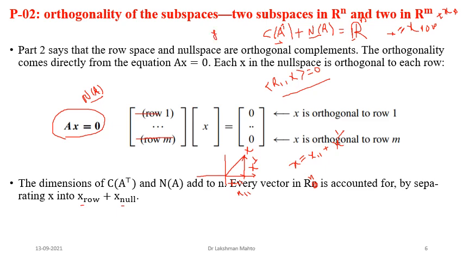Then if you take the perpendicular component of it, any vector perpendicular to this one will belong to the null space. So if you sum y plus y perp, it will give a vector in n-dimensional space, so two components. That is the scenario.